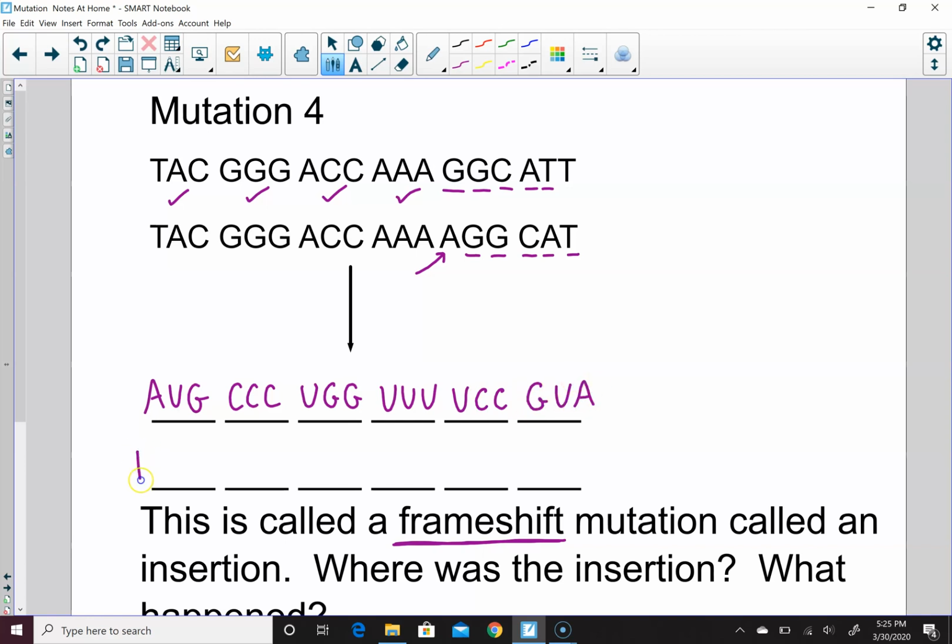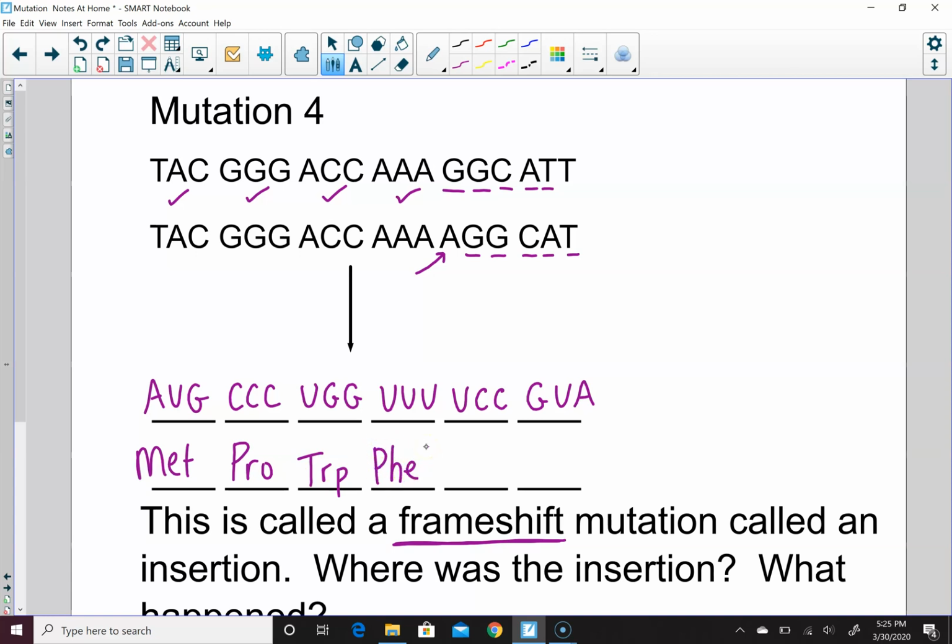So let's see what we got. That's still Met from the chart. CCC is still proline from the chart. UGG is still Trp from the chart. UUU is still phenylalanine from the chart.